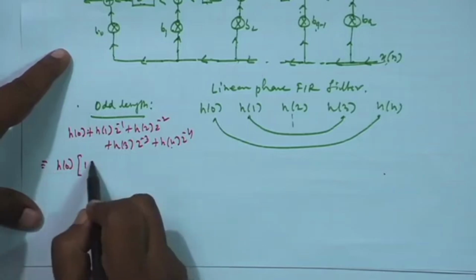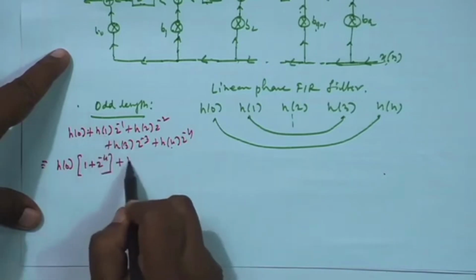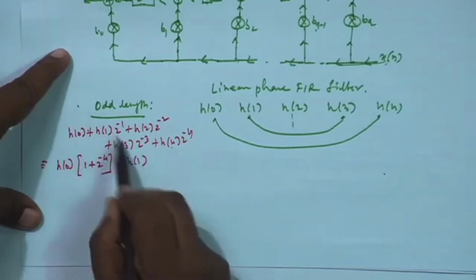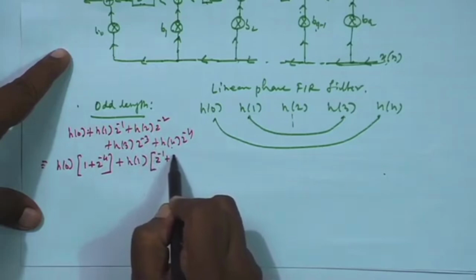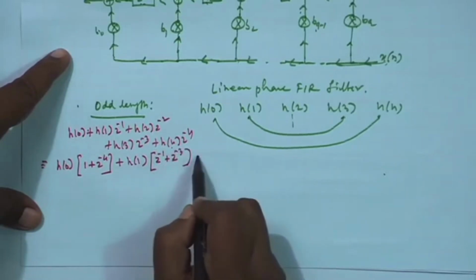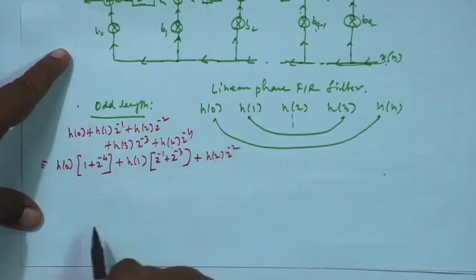One plus, then take H1 common, and then H2 Z inverse 2.